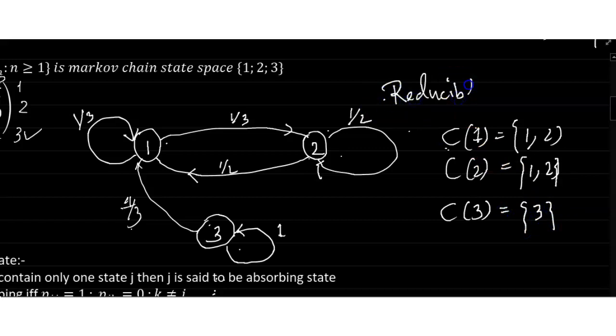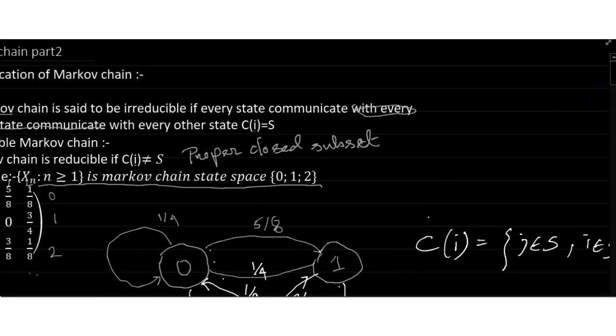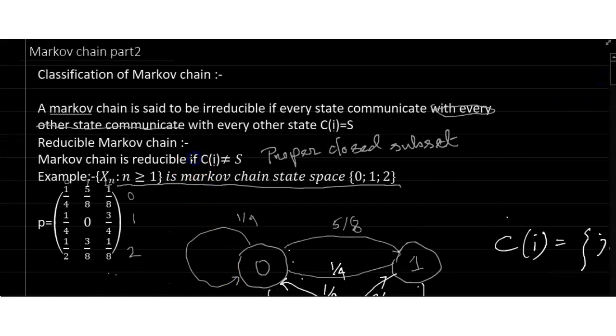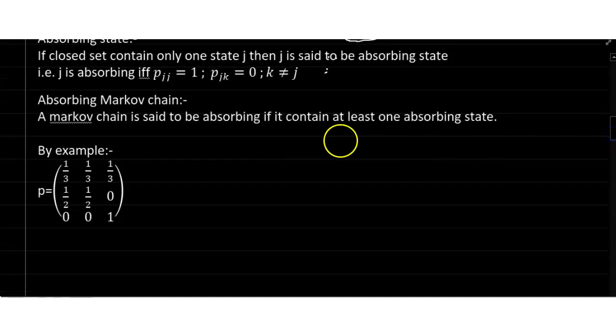By the definitions of irreducibility and reducibility, in the case of a communicating class it does not equal S. Absorbing state: if a closed set contains only one state j, then j is said to be an absorbing state, that is, j is absorbing if and only if Pjj equals 1 and Pjk equals 0 for k not equal to j.